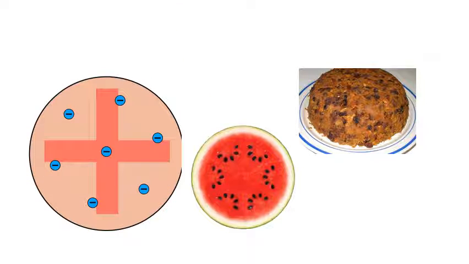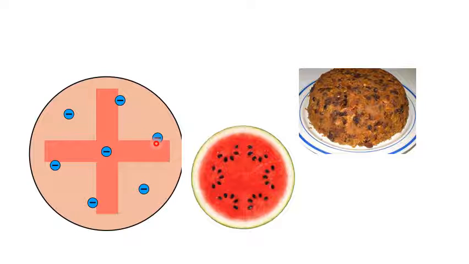In the year 1898 or 1899, J.J. Thomson proposed that an atom is a sphere of positively charged matter with electrons.